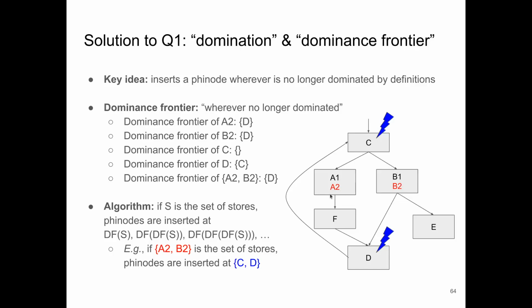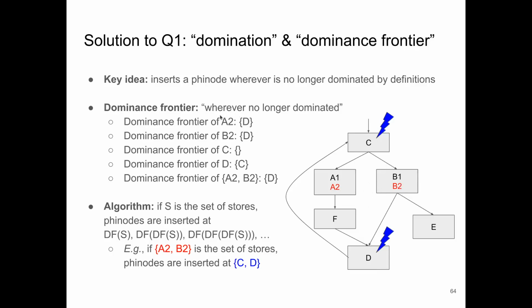A2 dominates F, but D is just undominated. From the viewpoint of B2, B2 is itself, but D is just becoming undominated from B2. So that's the reason why D is at the dominance frontier of A2 and B2.